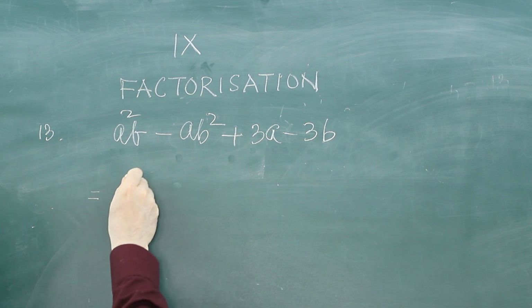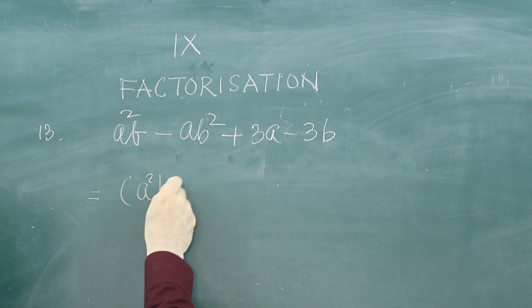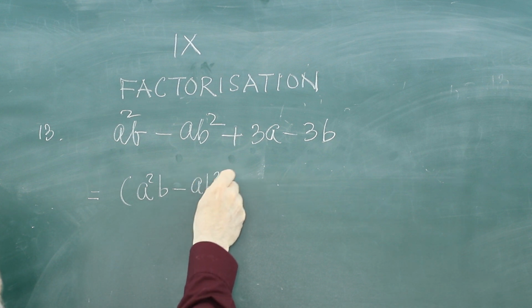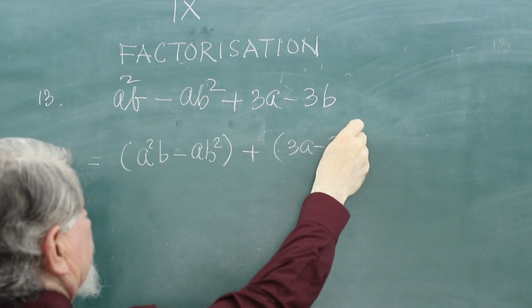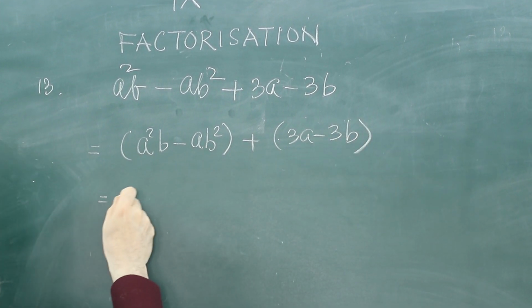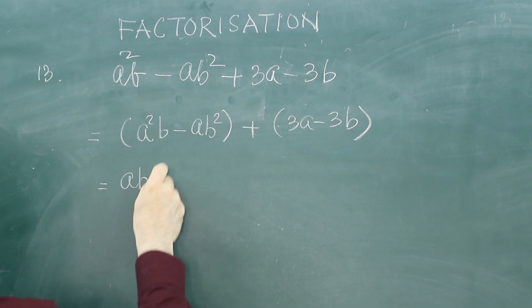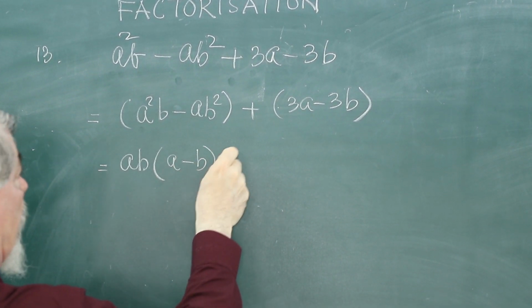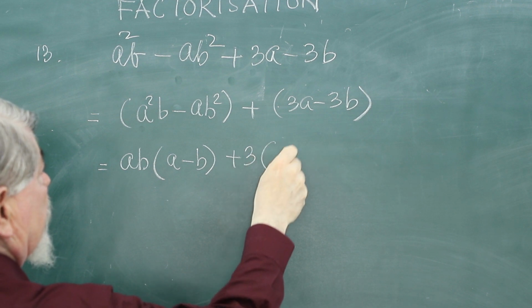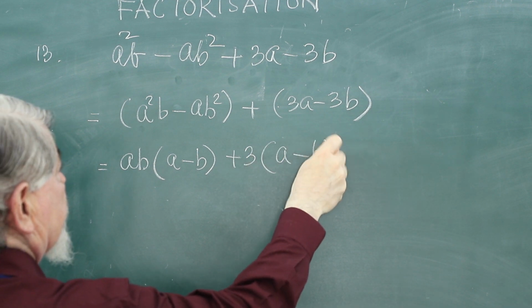So I am making the pairs: a square b minus ab square plus 3a minus 3b. In the first pair, I take ab common, it will be left a minus b. Out of this I take 3 common, I am left with a minus b.